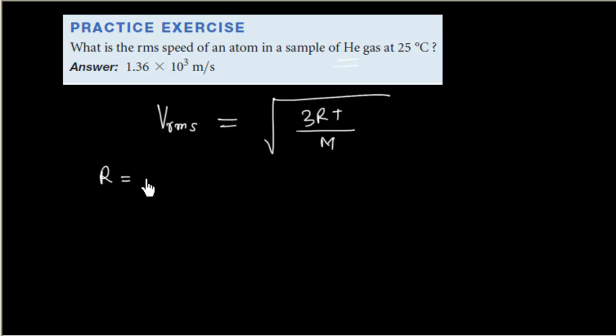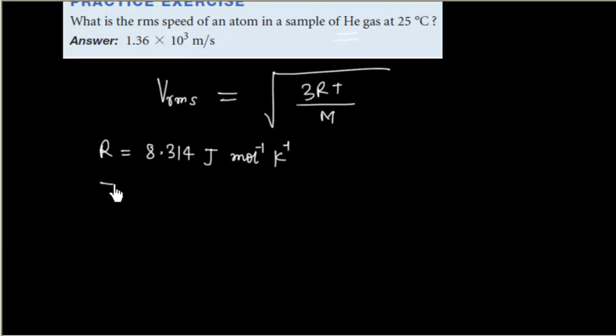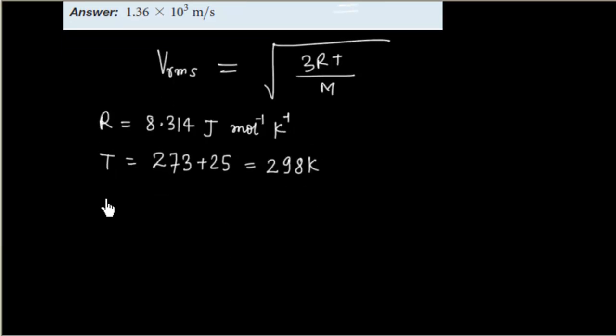R in SI units is 8.314 joule mole minus 1 Kelvin minus 1, and temperature is again 273 plus 25, that is 298 Kelvin, and the molecular mass for helium is 4 gram per mole. We have to convert into SI units, that is 4 into 10 to the power minus 3 kg per mole.